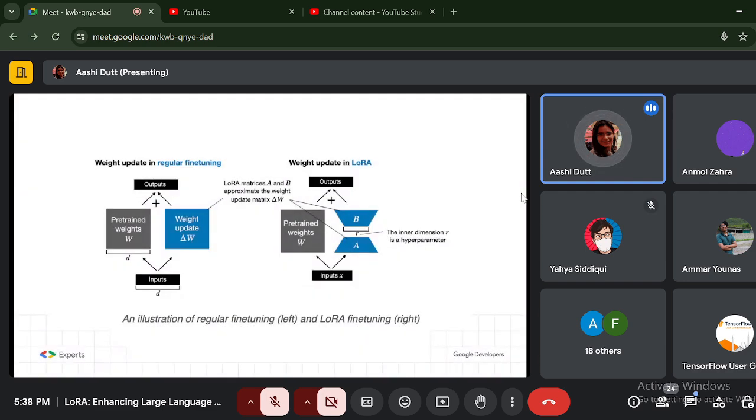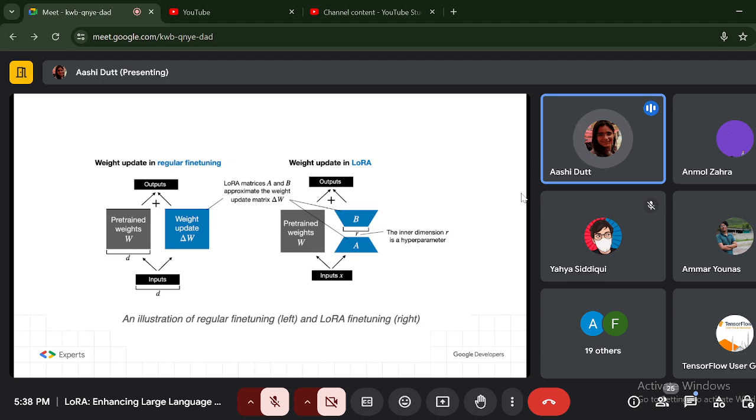So if you do regular fine tuning or you do fine tuning with LoRA, what is the difference? If you do regular fine tuning, here you have pre-trained weights W, and here you have updated weights, delta W, created from the original W matrix.